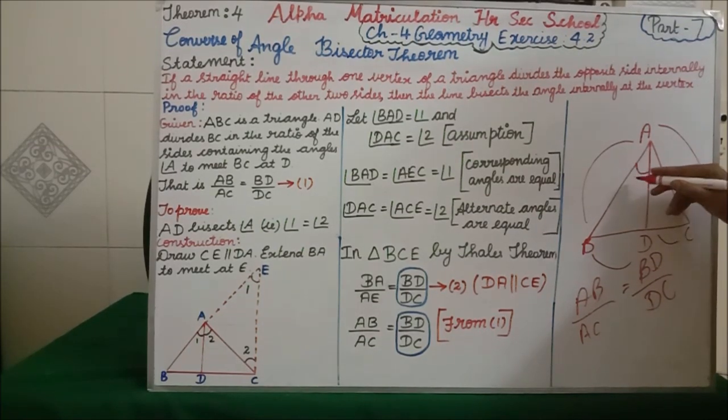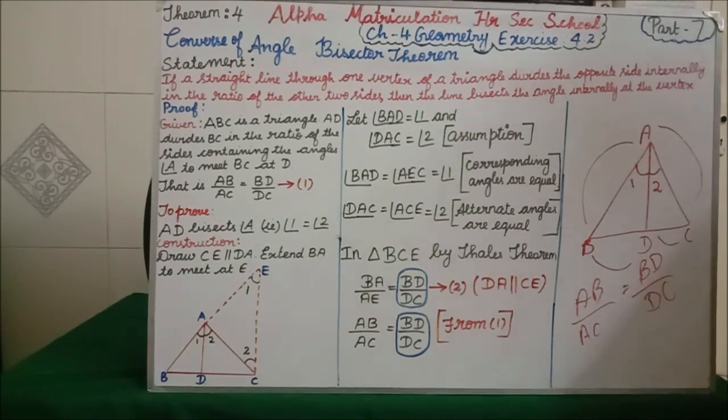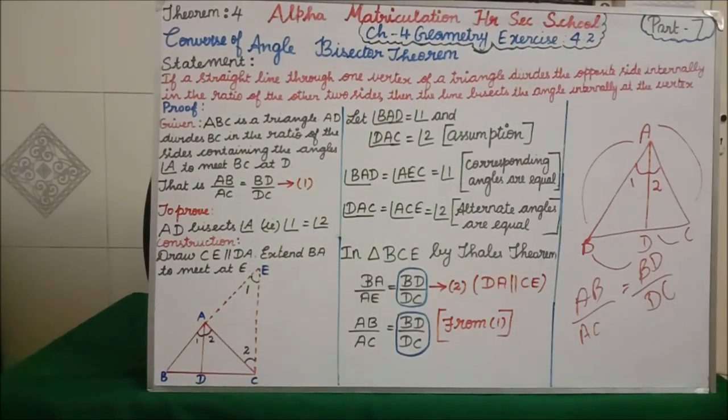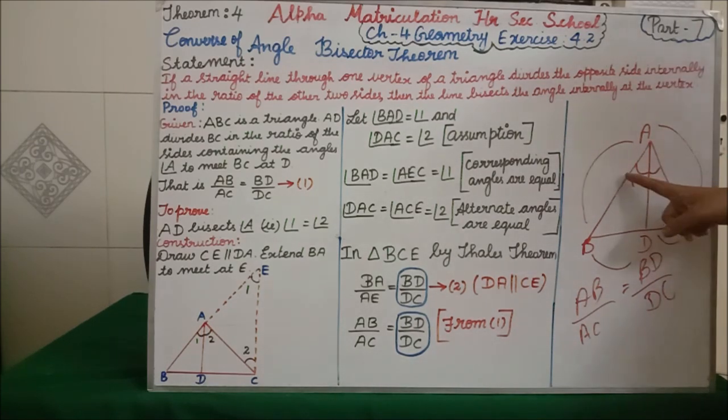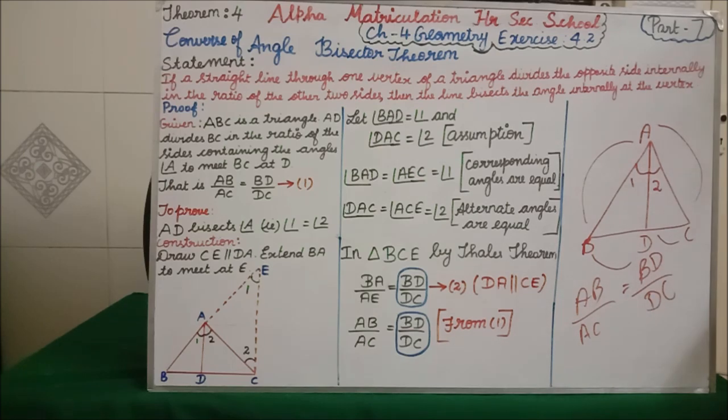which means we want to prove that angle 1 is equal to angle 2. I have told you in the angle bisector theorem, bisector means what? It divides into equal parts. Anyhow, we want to prove that angle 1 is equal to angle 2. Clear students?